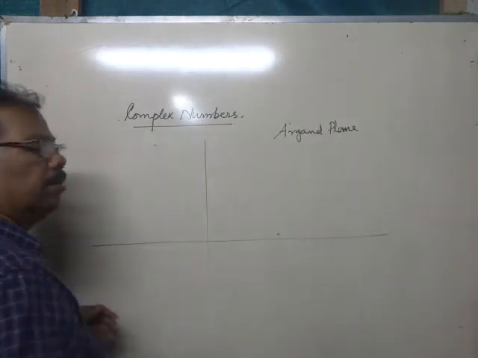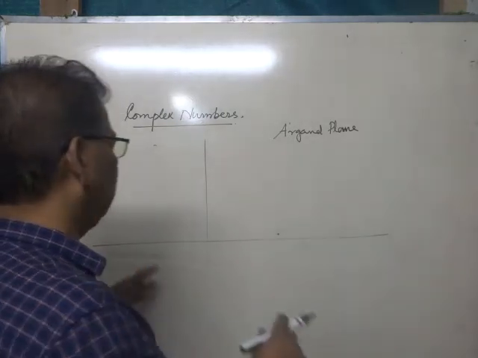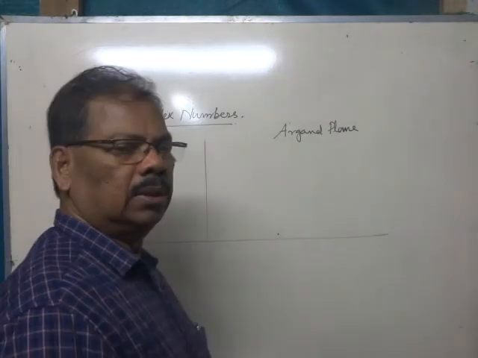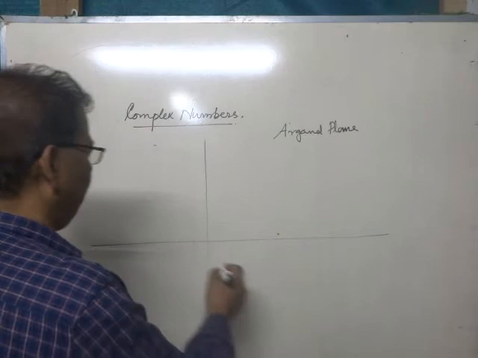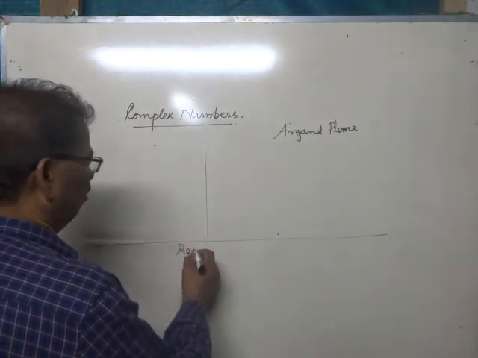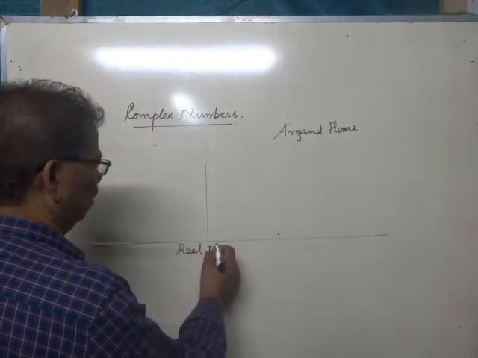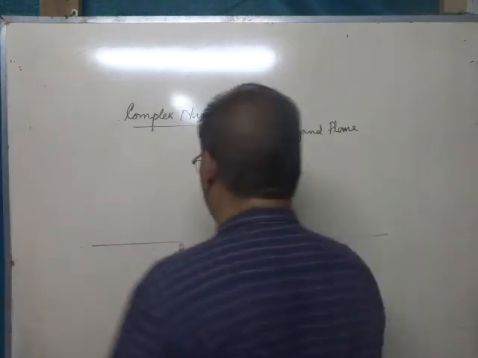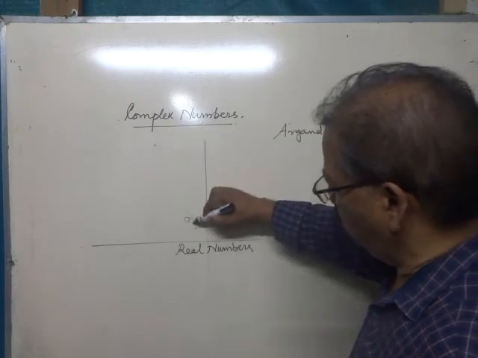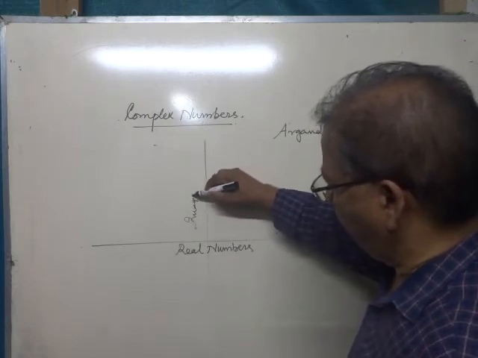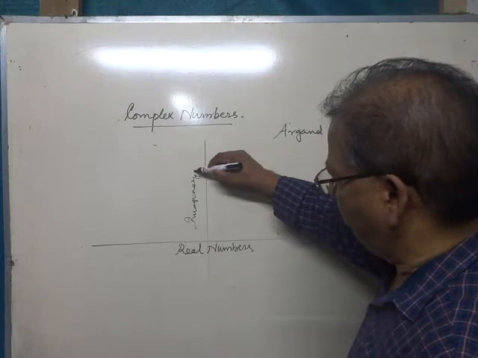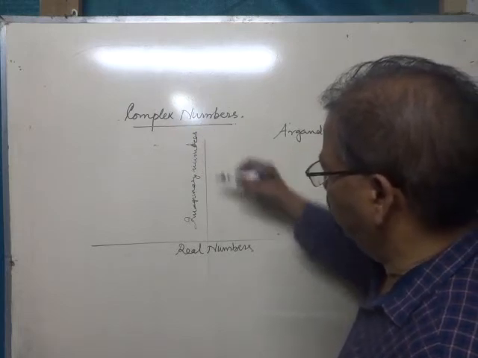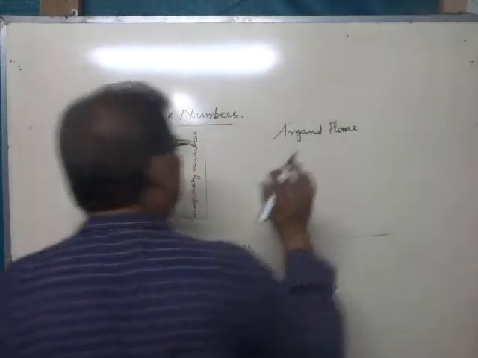A plane in which the x-axis is taken for the real numbers and the y-axis for imaginary numbers, we get the Argand plane.